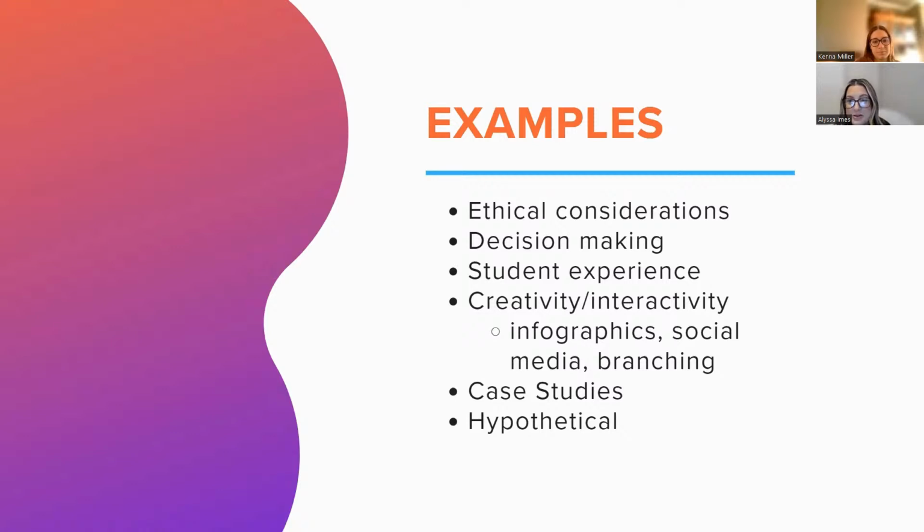And I also would encourage you to really think about different creative ways that you can implement into your discussions. Because as a student, you're going through all these courses for how many years, and it can get a little bit repetitive.